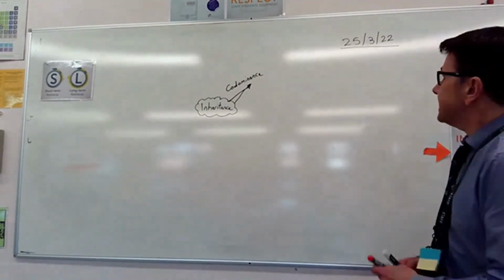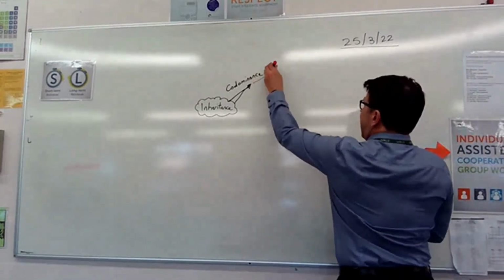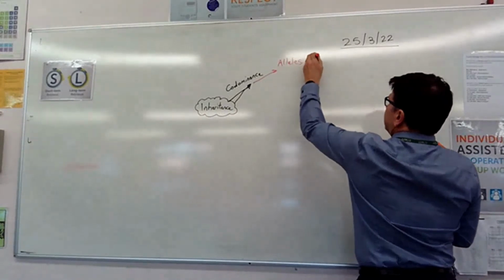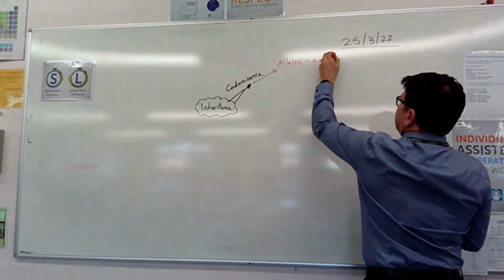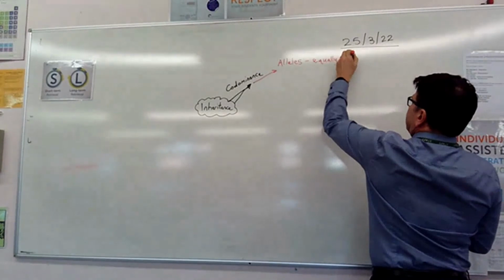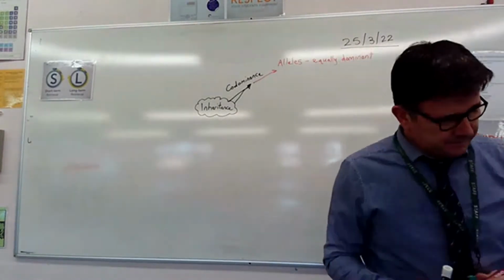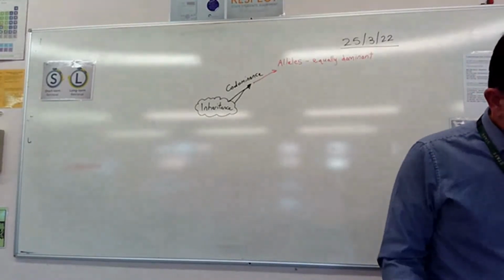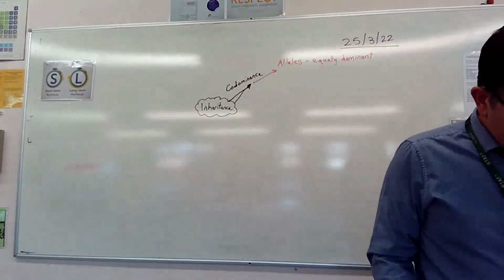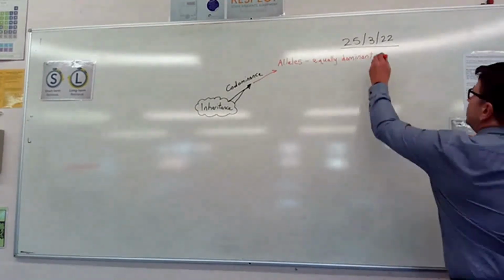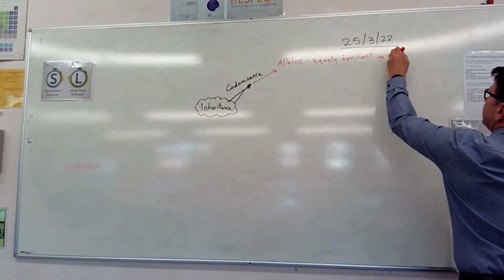So basically, that's saying that the alleles are equally dominant. If you have any questions as well, please do ask. So they're equally dominant and they're expressed in the genotype.